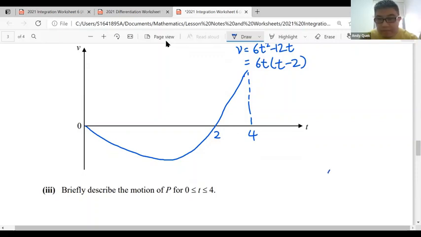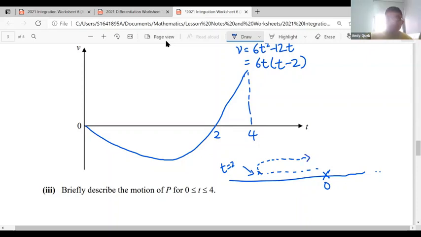So, particle moving in a straight line, and for the first 2 seconds, it's actually moving in the negative direction. Okay, then it comes to rest at t equals 2, and then from then onwards, it turns around. We don't know for how much or how far, all right? But the description will be similar to before.